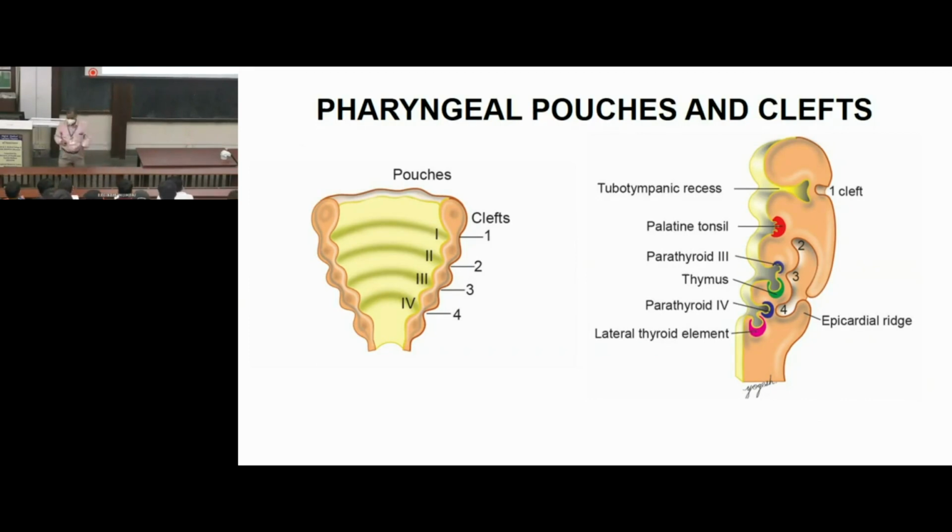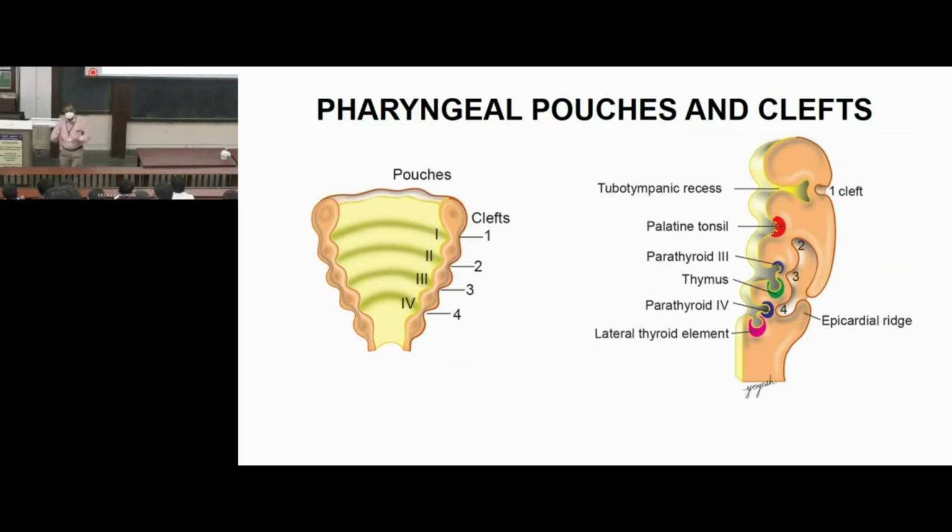First arch cartilage is Meckel's cartilage. It only gives rise to some part between two foramina of the mandible. You will be seeing them today. Mandibular foramen and mental foramen. Between that, there is a canal, the mandibular canal. That part is derived from Meckel's cartilage. The second arch cartilage is called Reichert's cartilage. Not Richard, Reichert. R-E-I-C-H-E-R-T. Reichert's cartilage.